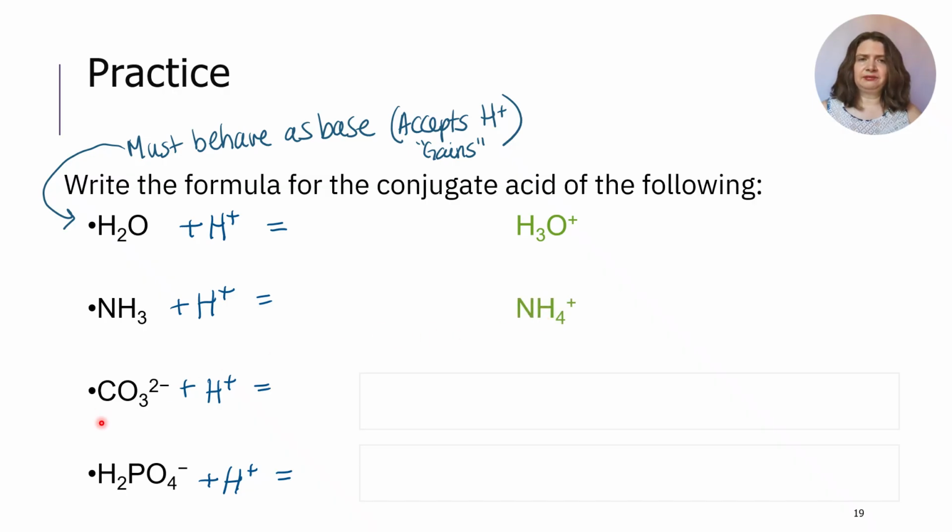For CO3 2-, the conjugate acid is HCO3-. For H2PO4-, the conjugate acid is H3PO4. Remember to add the hydrogen atom and adjust the charge appropriately.